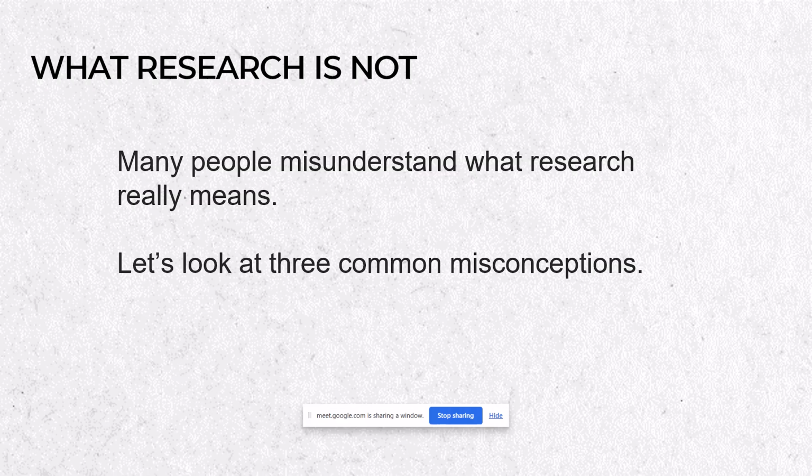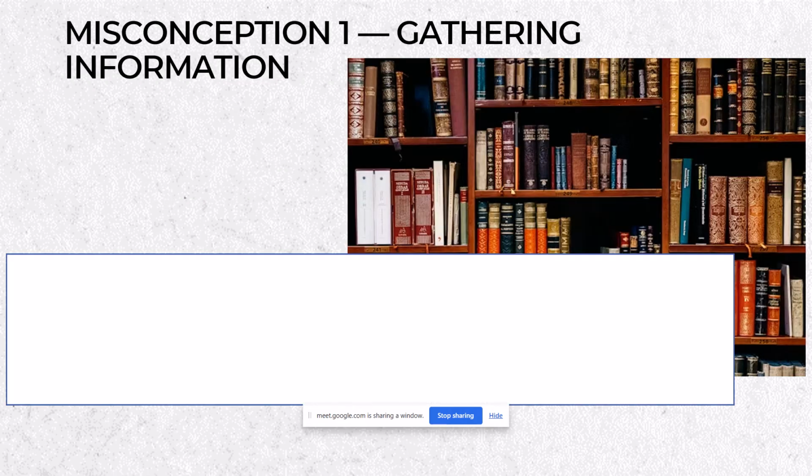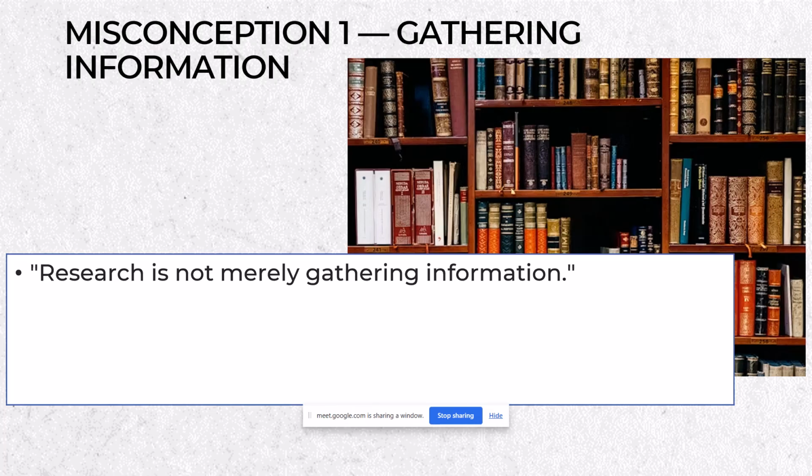The first misconception: many think that research is gathering information. When we want to gather information, sometimes we go to libraries or maybe use the internet. But research is not just gathering information.